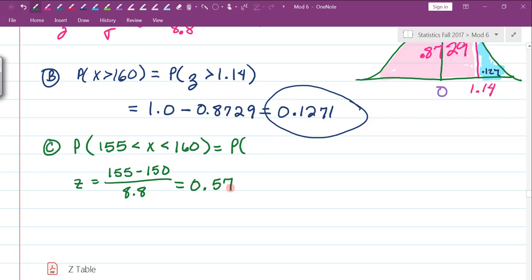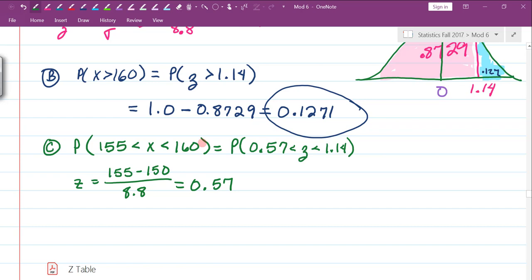Just round off accordingly, okay? And so the probability that 155 is less than x, which is less than 160, is equal to the probability that 0.57 is less than z, which is less than 1.14. We already standardized this value earlier, and the math's not going to change.